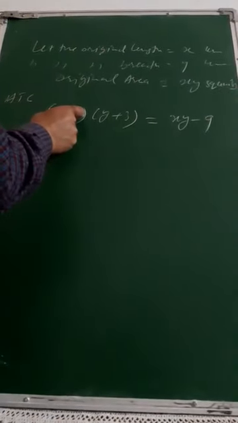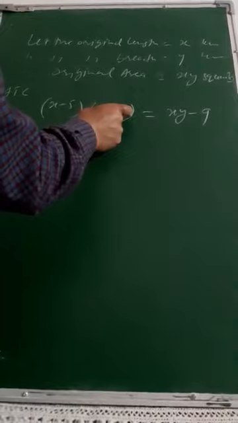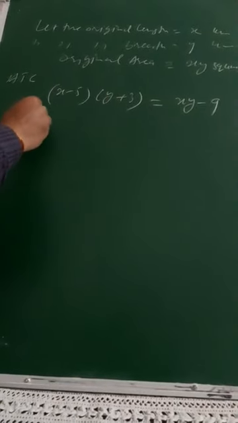Reduced by 9 square units, so xy minus 9. The increase and decrease is going to take place within the original values, whether length or breadth, so that is definitely going to affect the area. So if I take length x minus 5 and breadth y plus 3, the actual area will be reduced by 9 square units.